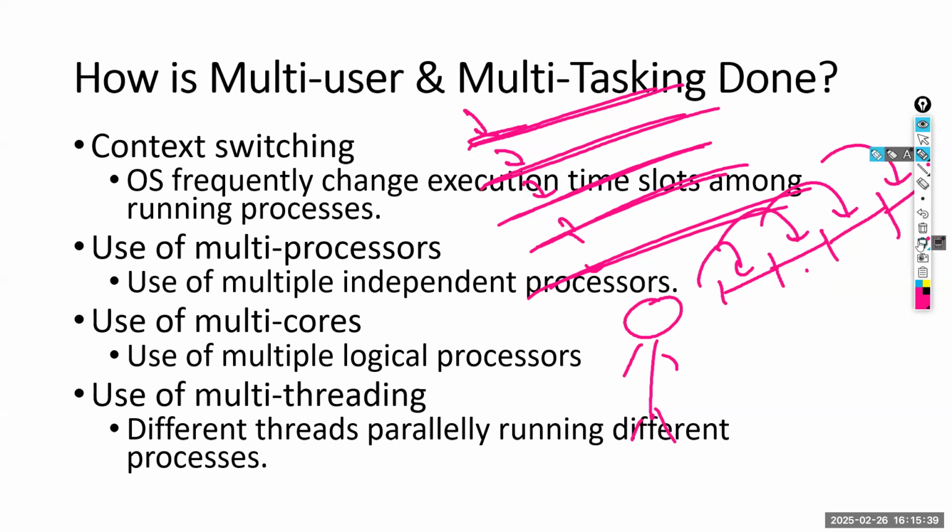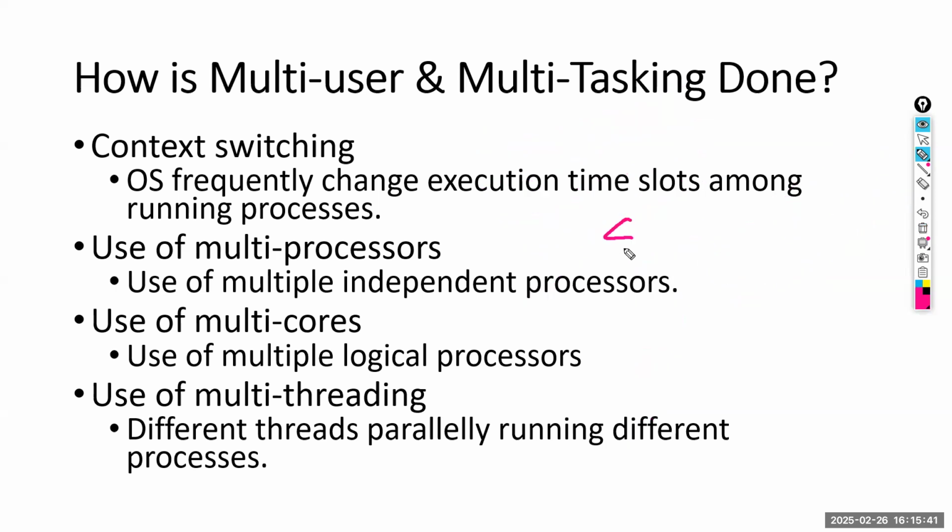Assume that you have a single processor, that means just one processor. Remember, the main component that runs the program is the processor. Other hardware is there to help store and so on. It is the processor that runs your program.